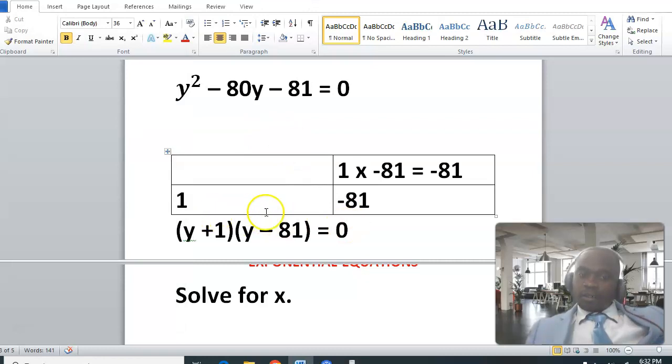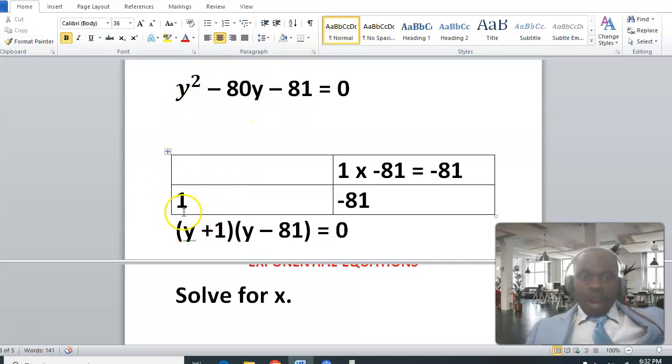So it means 1 times negative 81 will give you negative 81. Then these two numbers, if I add them, I must get the number here. So if you check 1 minus 81 will give you minus 80. Which means this is a factor that satisfies this equation or this expression. Only this one is an expression.